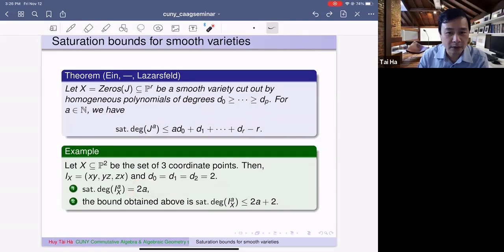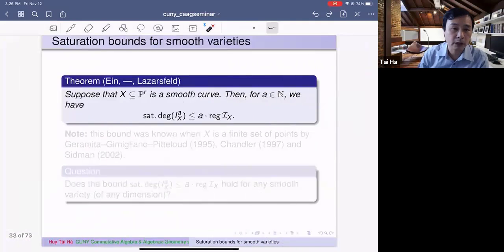So one could ask, is there any kind of bound that is like A times something, so linear in that sense, like the saturation degree of J to the A is less than A times some quantity? In that sense we also have a result, but it only works when X is a curve.